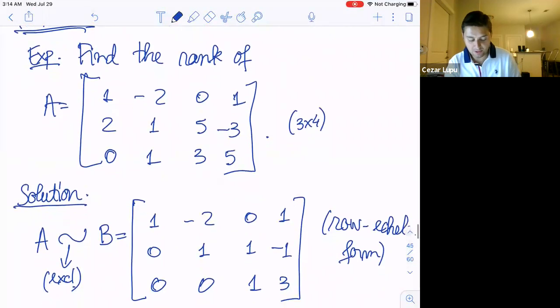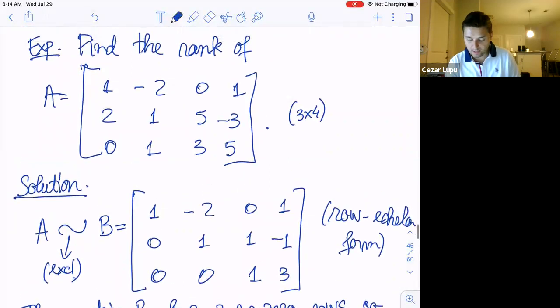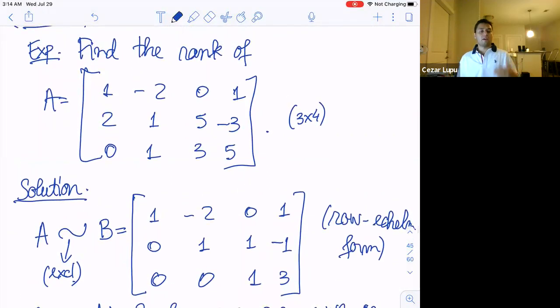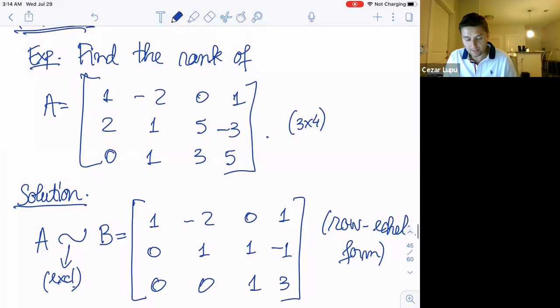Again, I will leave it to you as an exercise to show that by elementary row operations performed on the matrix A, you'll get the following row echelon form of A, which is matrix P, and it looks like this: 1, -2, 0, 1, 0, 1, 1, -1, 0, 0, 1, 3.